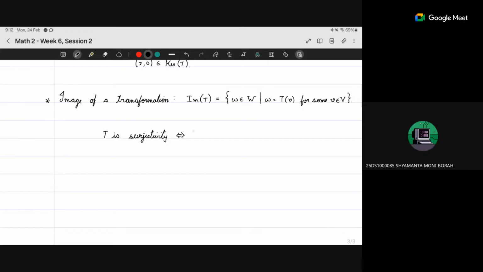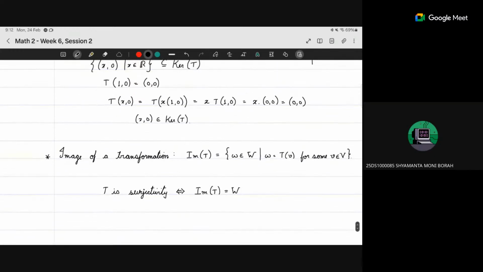Range and codomain are same. Yes. So when this is actually the range. Image of T is just the range, right? And the codomain is this. Range is another name for image. So if image is equal to the whole space, then it is surjective.